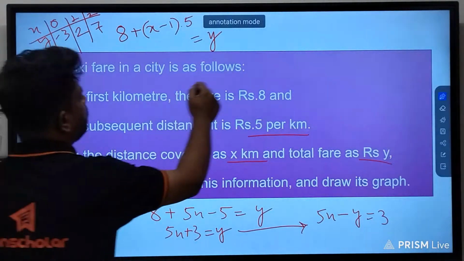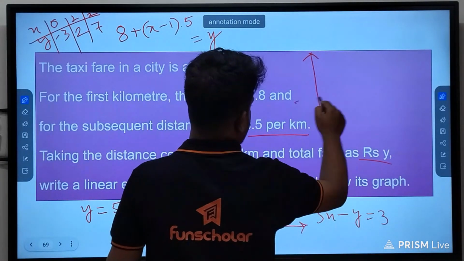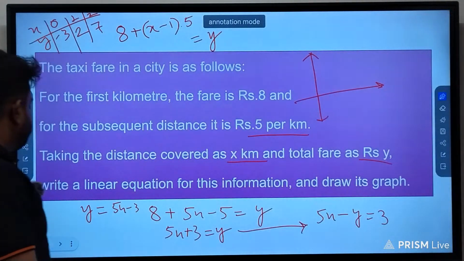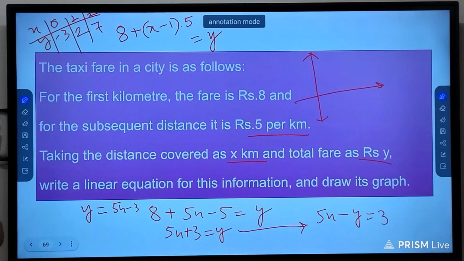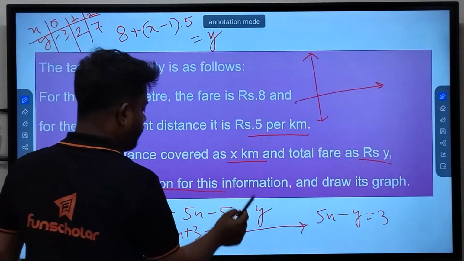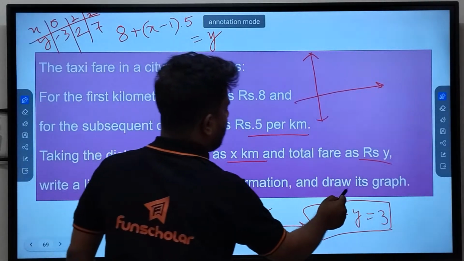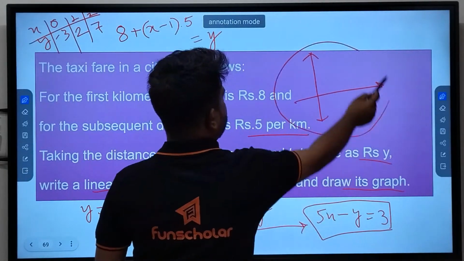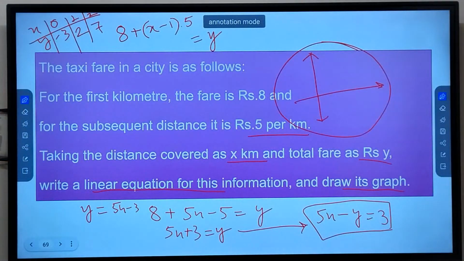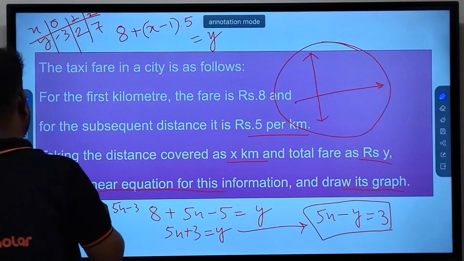And you can plot all the points in this one, so the linear equation form is this, and the graph will look like this, after plotting it obviously.